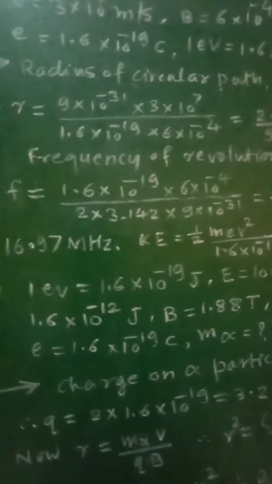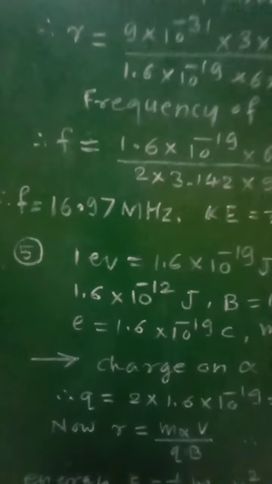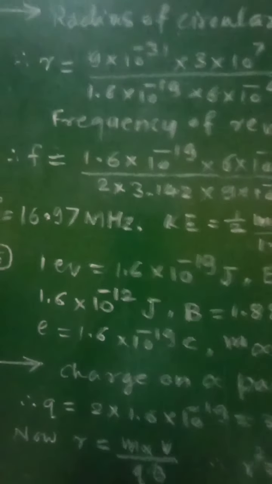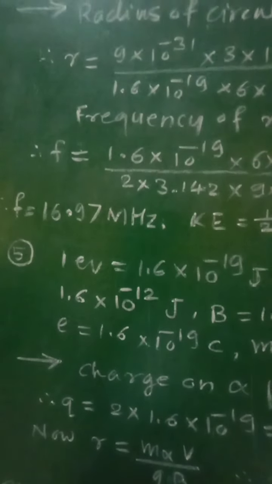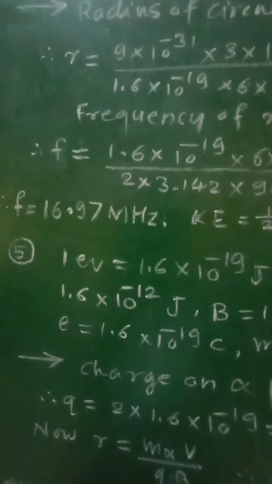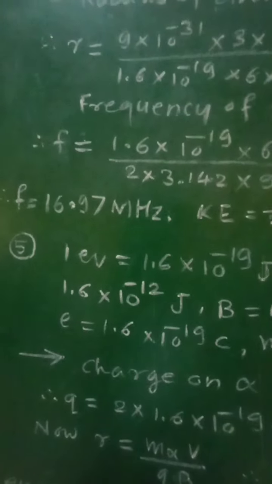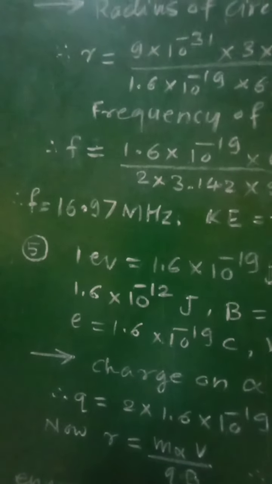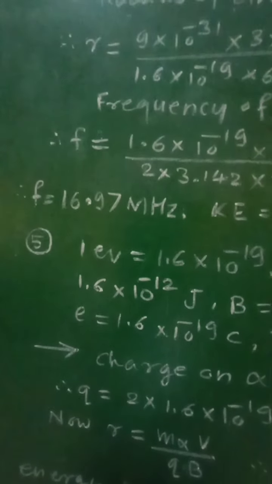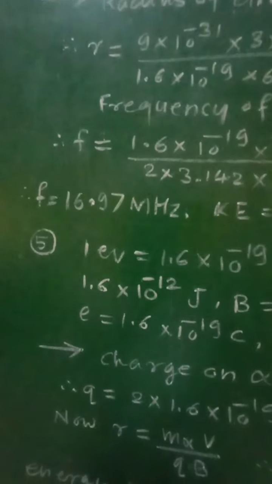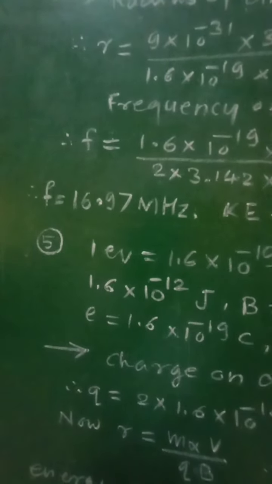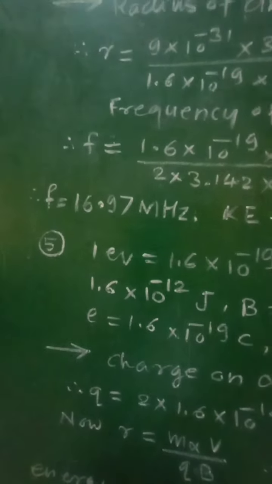Then let us go for the next numerical, numerical number 5, which is given as: an alpha particle, that is the nucleus of a helium atom with charge +2, is accelerated and moves in a vacuum tube with kinetic energy 10 mega electron volt.